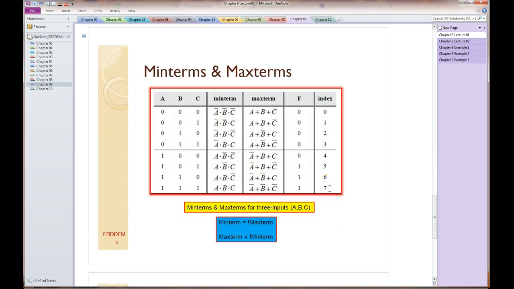This is a chart of min terms and max terms associated with a given example. Okay, so this is actually a 3-bit input. You can see the min terms here, you can see the max terms, but what you want to take away from this is the min term is the complement of the max term, and the max term is the complement of the min term.